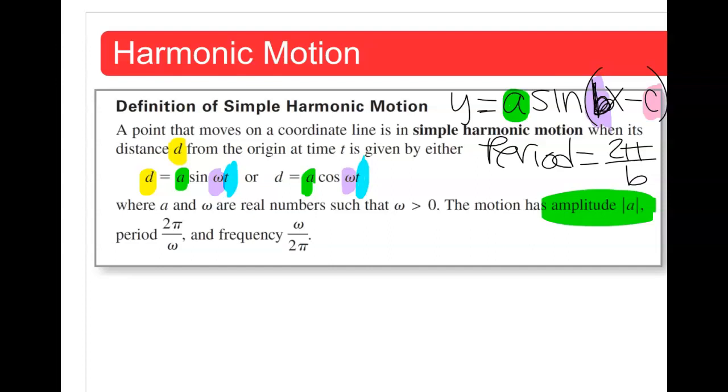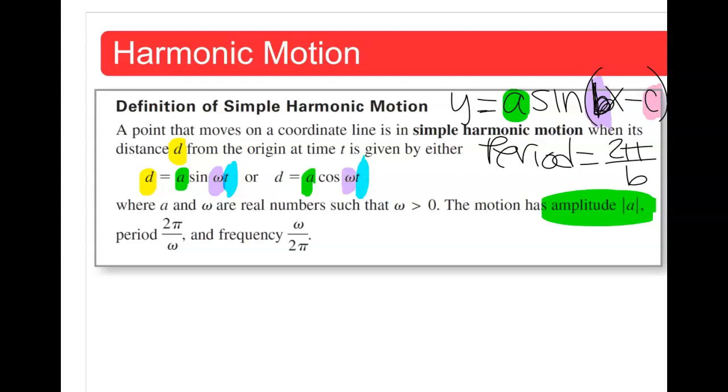So using the variables that we have here, and they are still representing real numbers, we're going to consider omega to be the same as b. And when we discussed the transformations in section 4.5, b was determining the horizontal stretch of the graph.